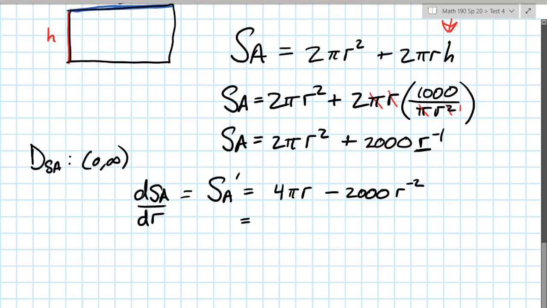Our goal is to get some critical values and do our number line, find the maxes and mins. So at this point we can do some factoring, or we could get a common denominator.